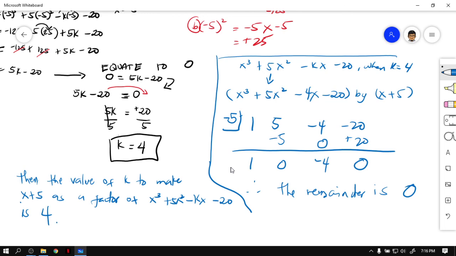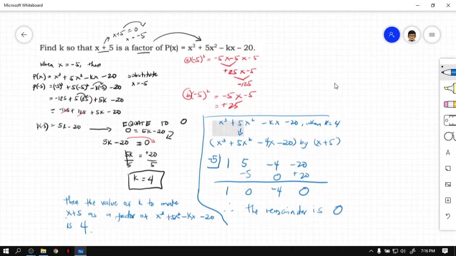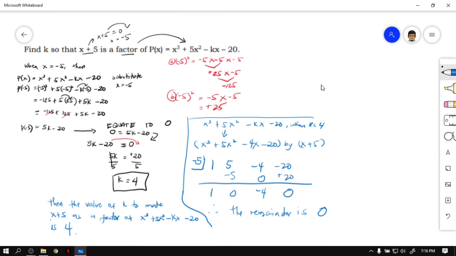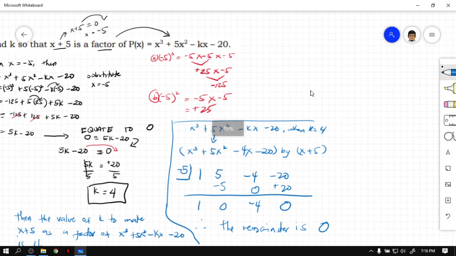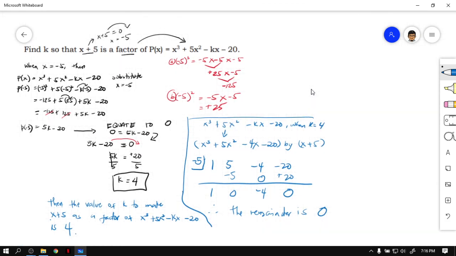So, tapos na tayo. Yan. Ganyan naman i-deal yung ganitong problem. Okay? So, that's it. End of Module 9.